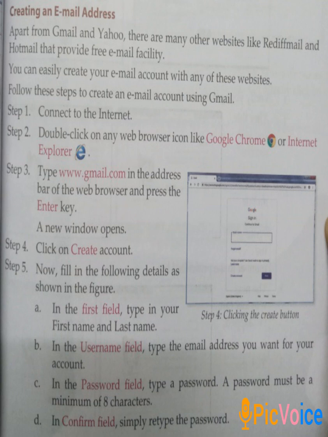A. In the first field, type in your first name and last name. B. In the username field, type the email address you want for your account. C. In the password field, type a password. A password must be a minimum of 8 characters. D. In confirm field, simply retype the password.